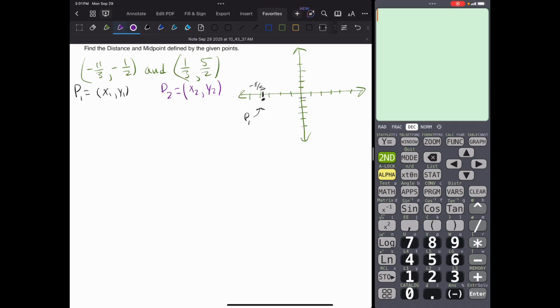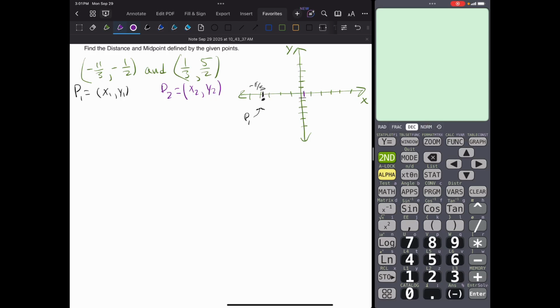All right, now let's do point 2. Point 2 is going to be 1/3 out in the x direction. It's going to be pretty close to that y-axis. And yeah, let's label those. We really ought to label those. X-axis, y-axis, things we should do. And so there's my 1/2, and now that's going to go up to 5/2.